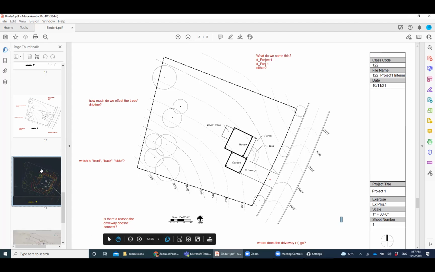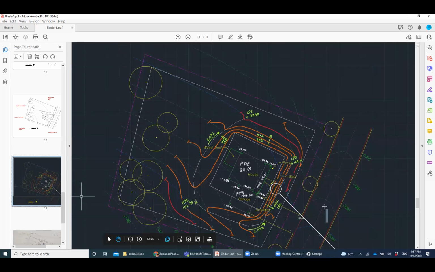So let's take a look at the drawing here. Yeah, that's right. And then the driveway needs to be recalculated.